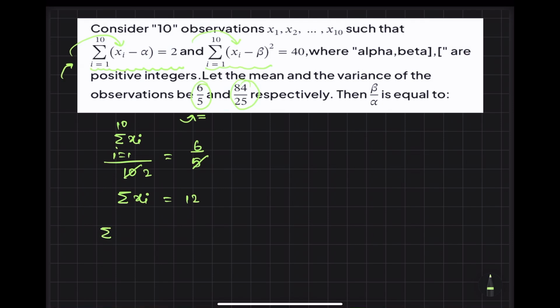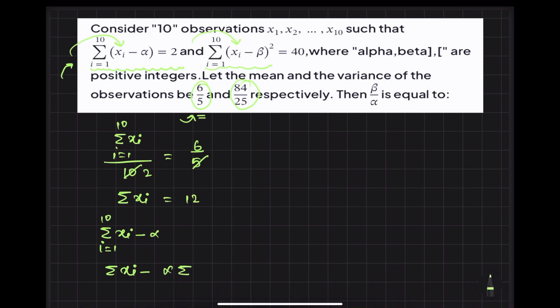If you observe, it is xi minus alpha. You know that the variable is i and it is ranging from 1 to 10. If you are dealing with summation, you know that summation can be separated if the question is given in the form of addition or subtraction. So can I write summation xi minus summation alpha? Also, you know that any constant can be taken outside.